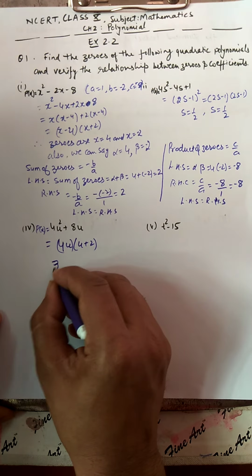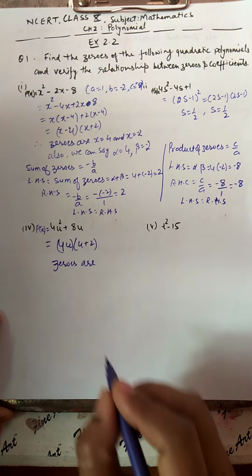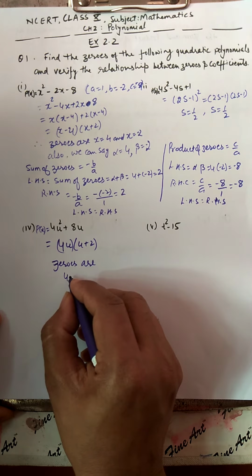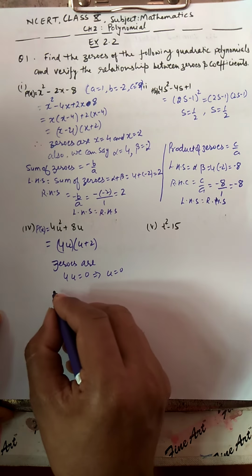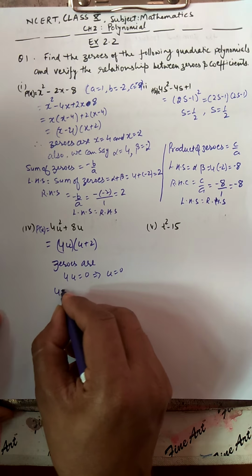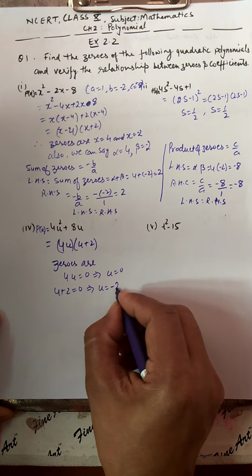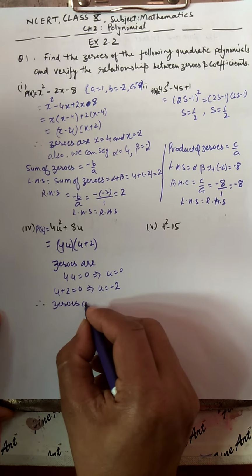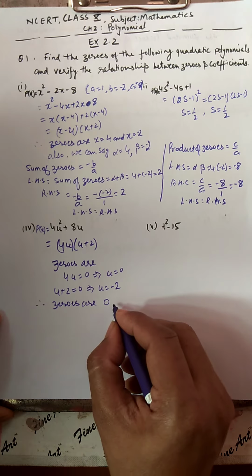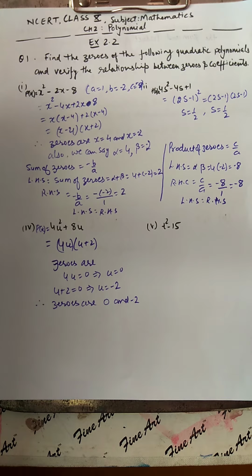So the zeros are: put each factor equal to 0. 4u equal to 0 gives u equal to 0, or u plus 2 equal to 0 gives u equal to minus 2. Therefore the zeros are 0 and minus 2.